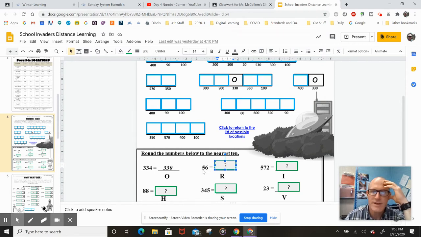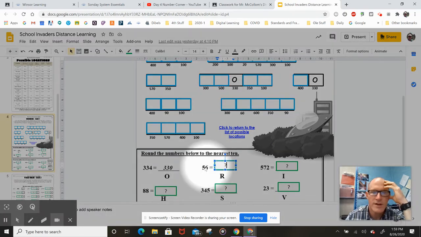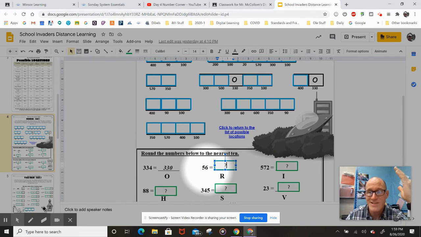Here's the nearest 10, which is the 5, right? And then you're going to be looking at the number that's next to it, which is the 6. If it's 5 or more in the ones place, to the nearest 10, 5 or more, you let it soar. So our nearest 10 answer here is going to be 60, right?